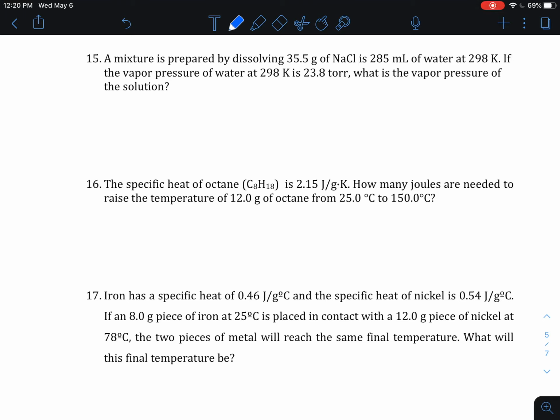So here it says a mixture is prepared by dissolving 35.5 grams of sodium chloride in 285 milliliters of water. If the vapor pressure of water is 23.8 torr, what is the vapor pressure of the solution? So now essentially we're figuring out what the vapor pressure lowering is caused by the addition of the solute.